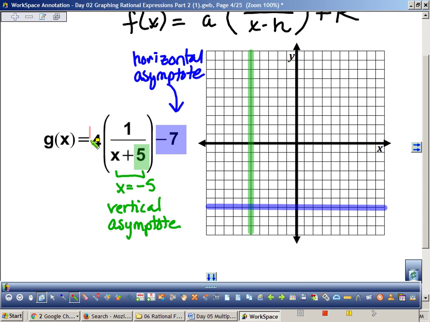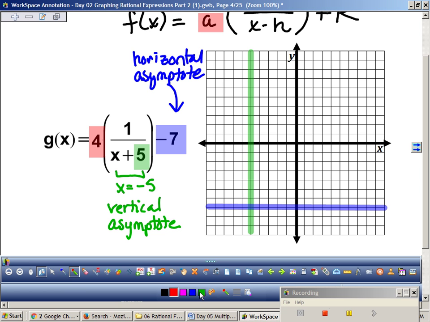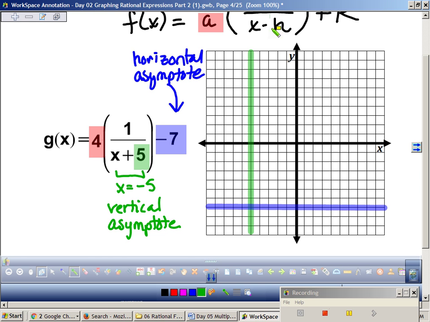And finally, this 4 out here, you should be color coding with this too. I forgot it was up here.